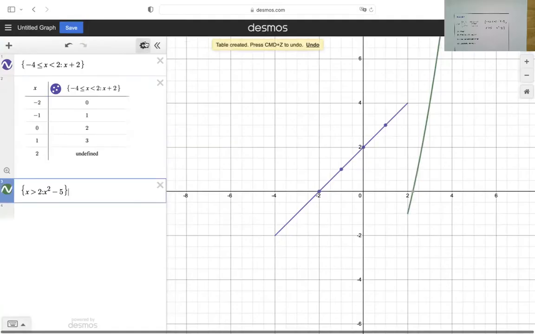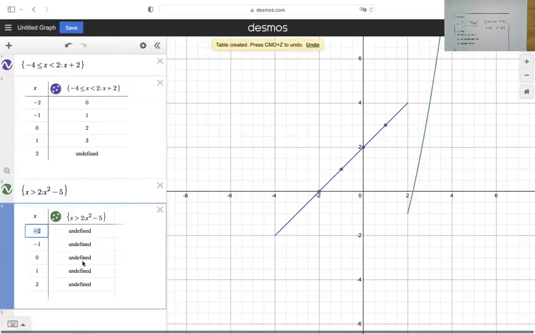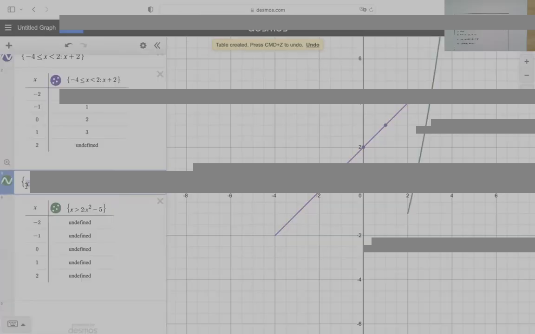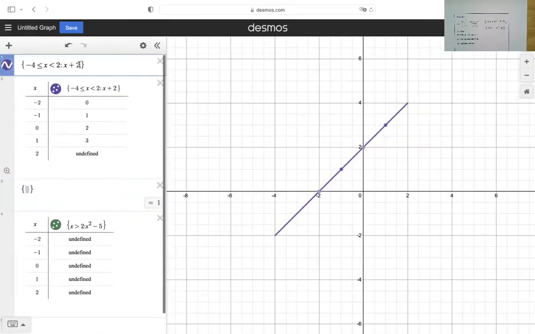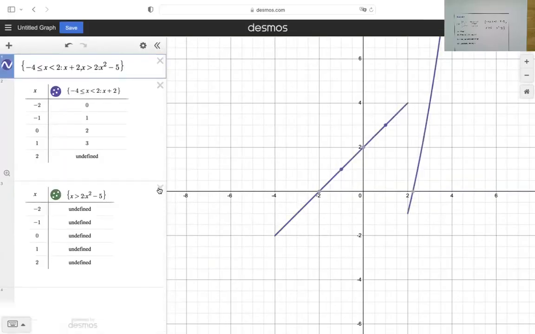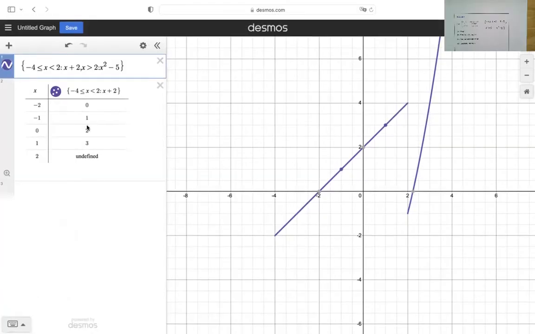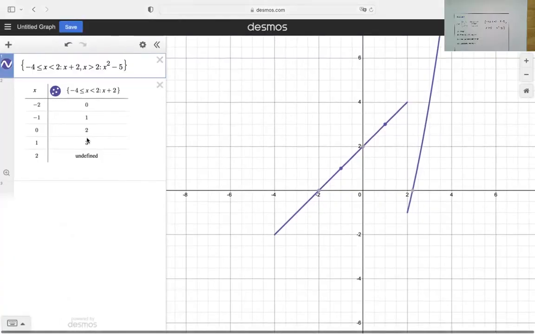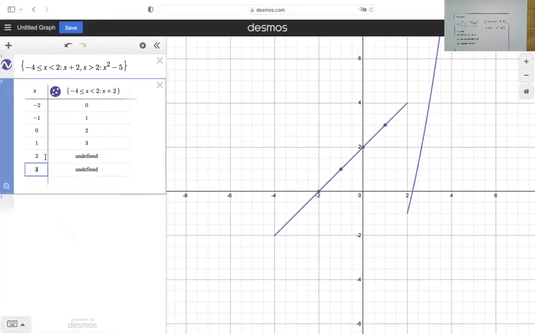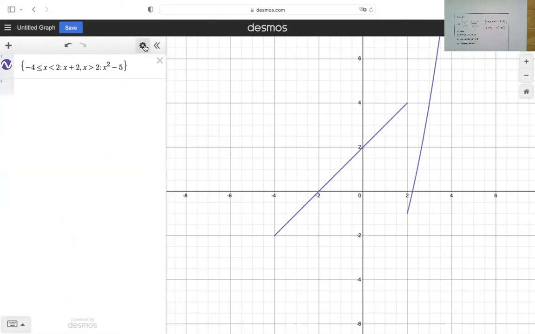some of your answers will be undefined. Whereas if you put them together with a comma, you'll have a more complete table. I have to redo the table.